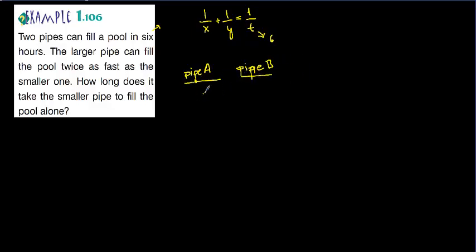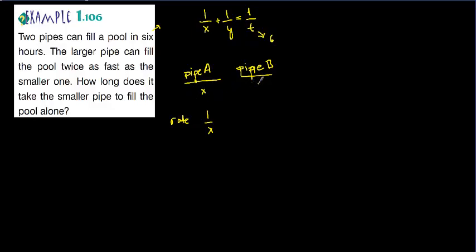If pipe A finishes the job in x hours, then its rate is going to be 1 over x, and the second pipe can finish the job 2 times faster than that one, so it can be like this.